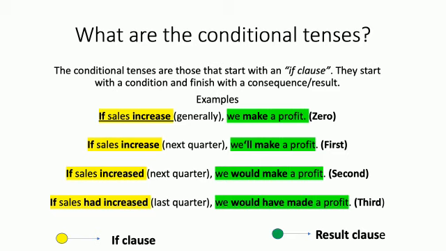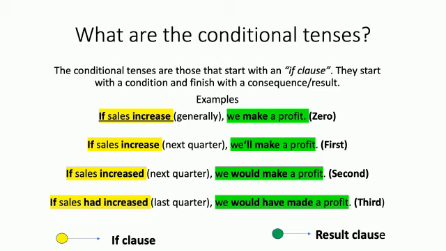So if sales increase, we will make a profit. يعني إذا ارتفعت المبيعات سوف يكون هناك مصلحة أو ستكون مصلحة أو منفعة لهذه الشركة, or for this government, ولهذه الدولة.